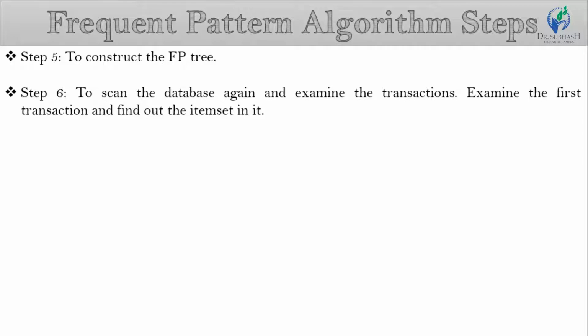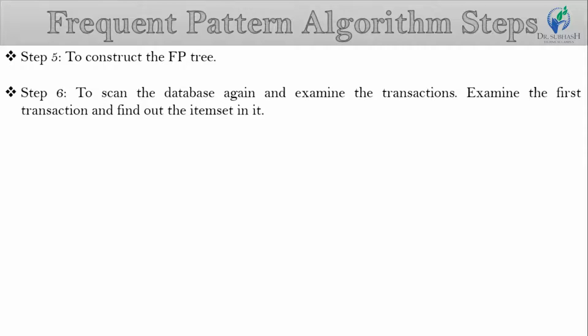If any item set of this transaction is already present in another branch, like in the first transaction, then this transaction branch would share a common prefix to the root. This means the common item set is linked to the new node of another item set in these transactions.